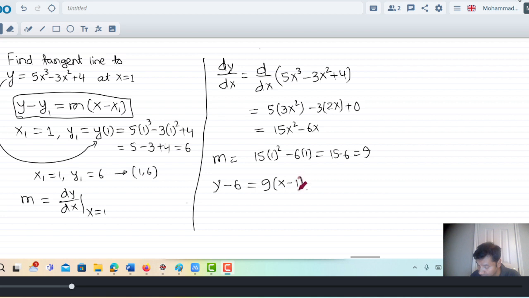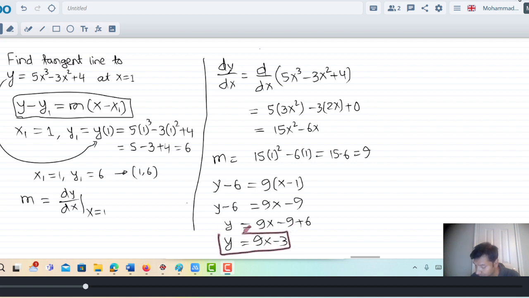Now simplify: 9x minus 9, so y equals 9x minus 9 plus 6, so y equals 9x minus 3. That is our tangent line to the given curve.